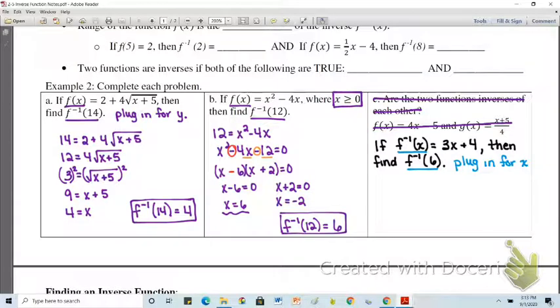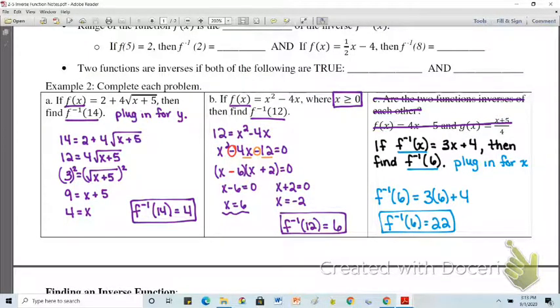So I'm going to go ahead and say f to the negative 1 of 6 will equal 3 times 6 plus 4. So f to the negative 1 of 6 equals 22.